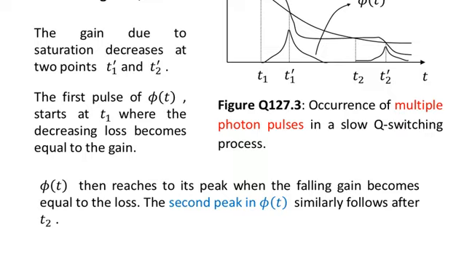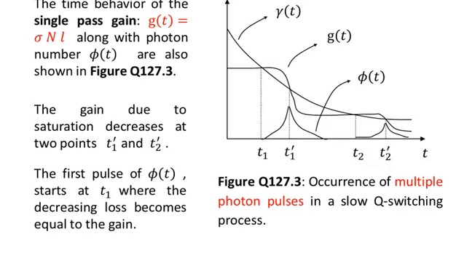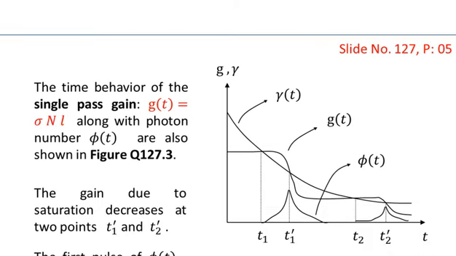So I have explained briefly the Q switching process, the parameters on which it depends, and the parameters which can be helpful in controlling it. In the Q switching process, the purpose is to obtain very high power short pulses.